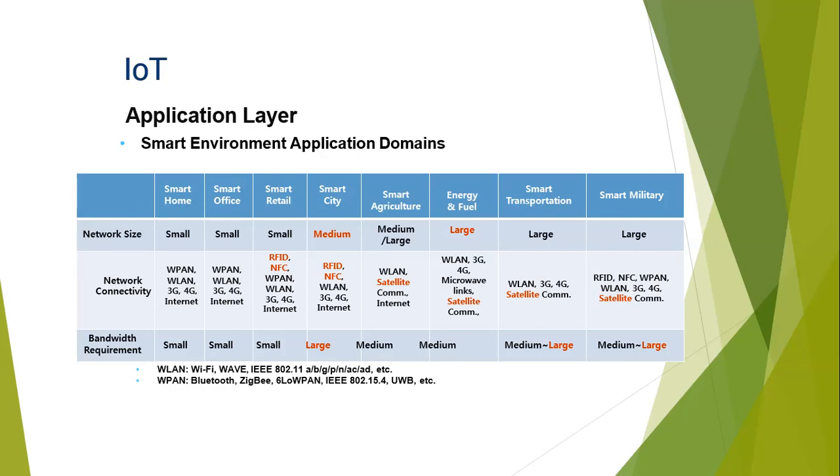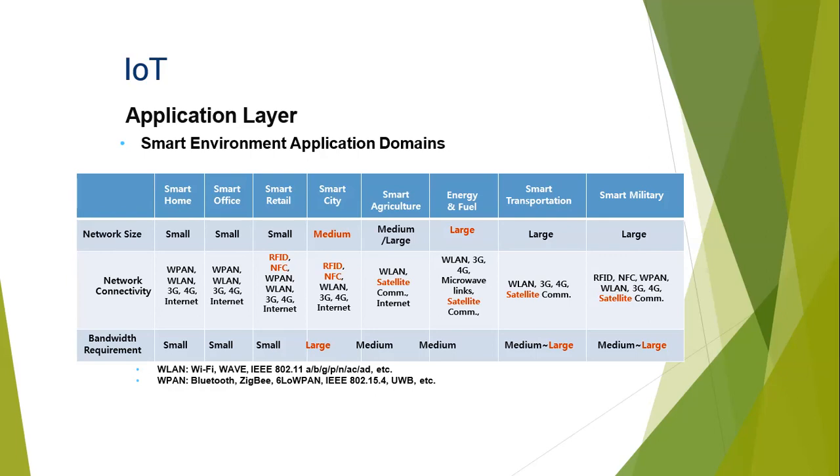Now let's look at the application layer in terms of the smart environment application domain. The first thing we need to consider is network size, and we are looking at smart home, smart office, smart retail, smart city, smart agriculture, smart energy and fuel, smart transportation, and smart military. Even smart defense also. The network size can be seen as: smart home, smart office, and smart retail will be relatively small network size as compared to the other applications.